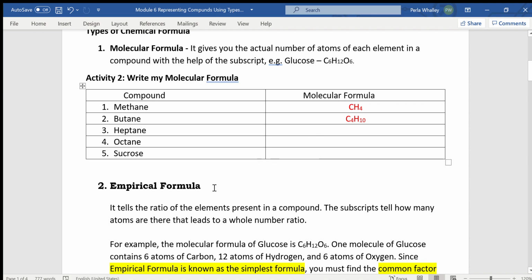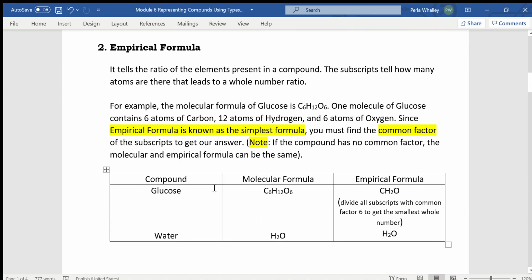Then let's go to empirical formula. It tells the ratio of the elements present in a compound. The subscripts tell how many atoms there are, which leads to a whole number ratio. For example, the molecular formula of glucose is C6H12O6.